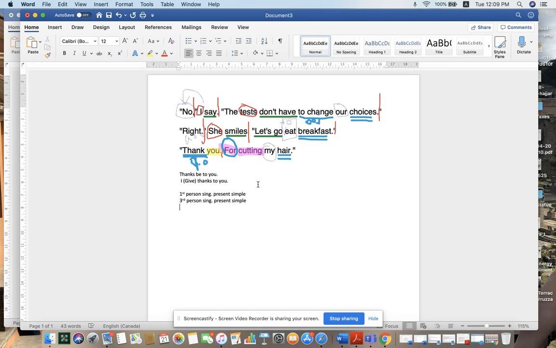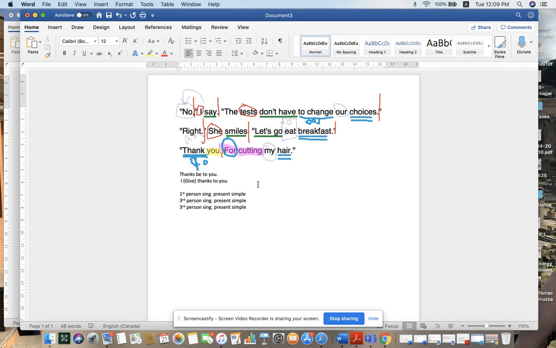To change, being an infinitive, stays an infinitive. She smiles is third person singular, and it's also present simple. Notice we're back to this narrative style of present simples, present simples, present simples.